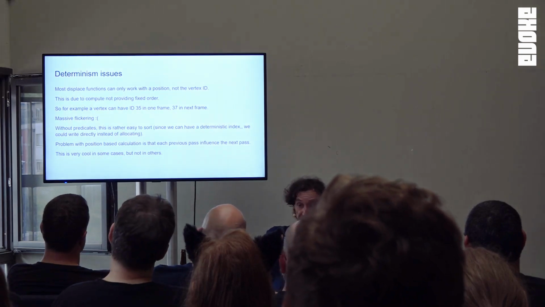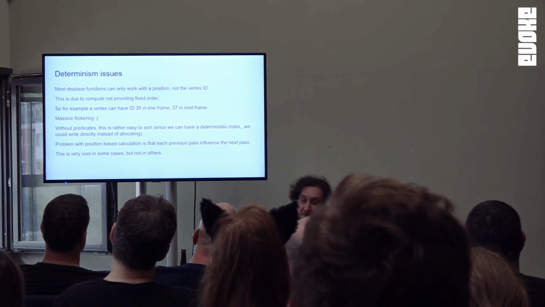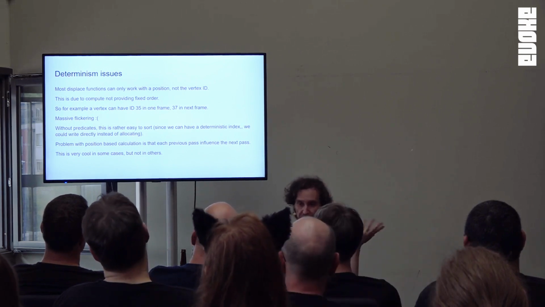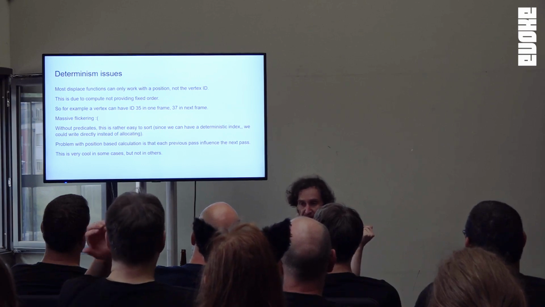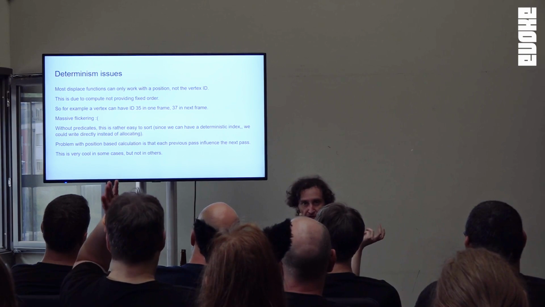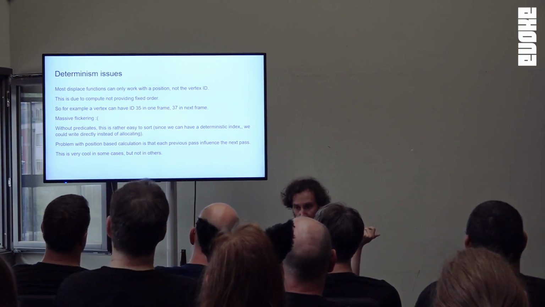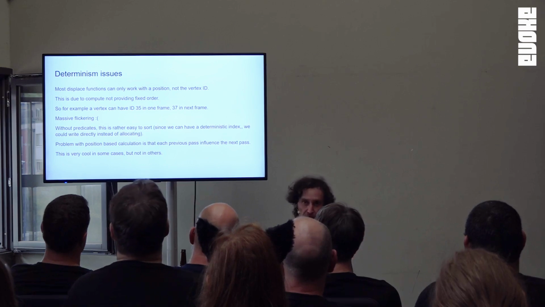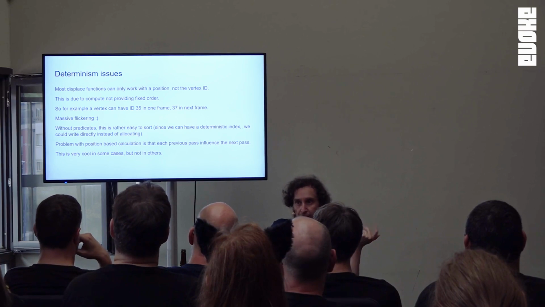So yeah, there are still issues right now. Determinism is the next part I'm going to work on, because for now the displace function works with a position, not with an ID, because IDs are not guaranteed on GPU. For example, you emit a new vertex, it can be 35 one frame, next frame it can be 37, you don't know.